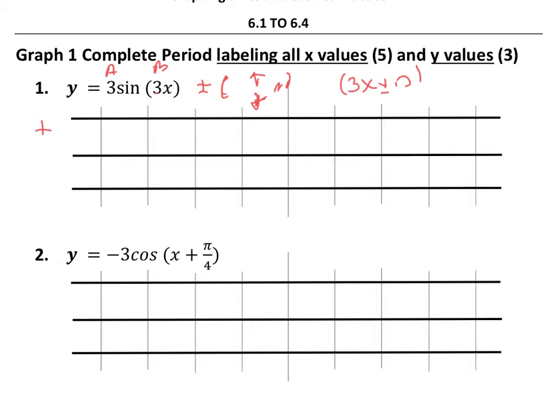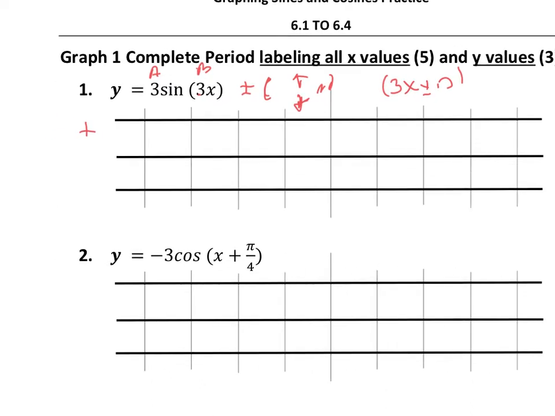Since it doesn't move up or down and it doesn't go left or right, I know this middle line is going to be y equals 0. And since the amplitude is 3, from that middle line, the middle line is always where it divides the graph in two, because the amplitude goes up 3 and down 3.